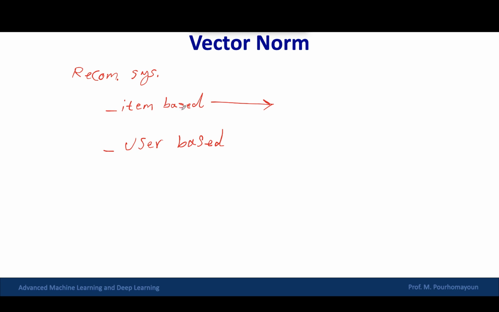For example, when you watch a movie on Netflix, the Netflix algorithm, it's not that simple, by the way. None of them are that simple, but I'm just giving you the general idea. The algorithm suggests you to watch another movie which was similar to the first movie. Okay? So the item is similar to that.